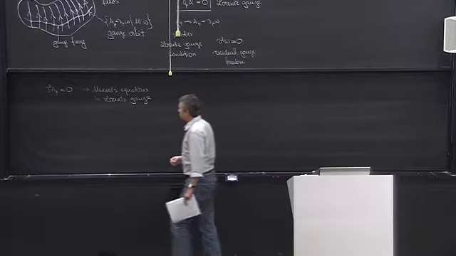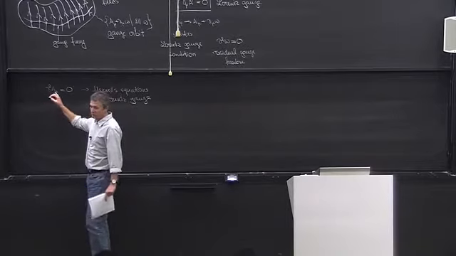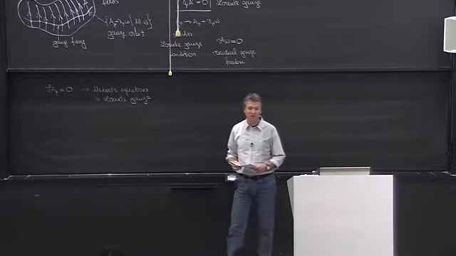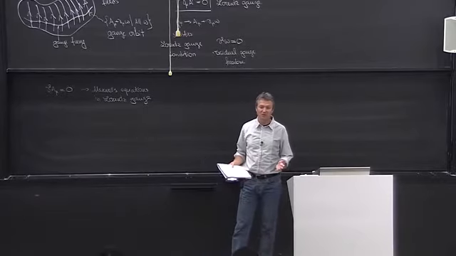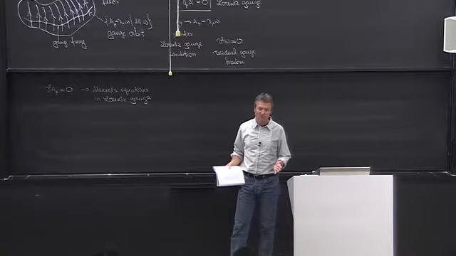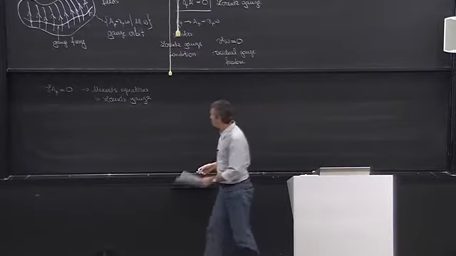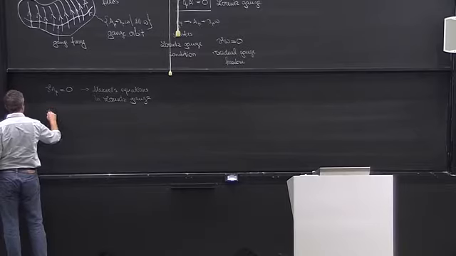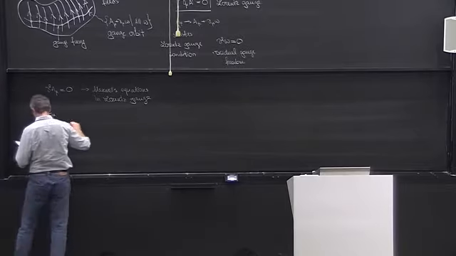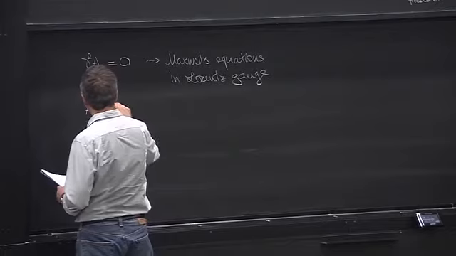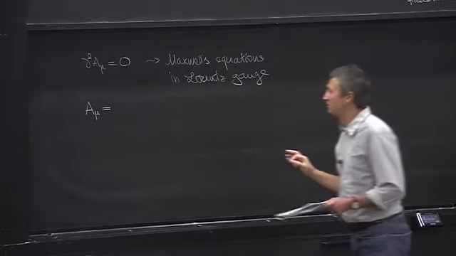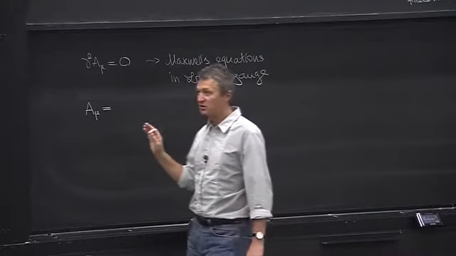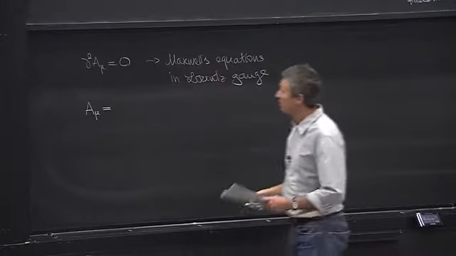So actually, this just looks like a set of 4 Klein-Gordon equations with mass 0, right? And we know how to quantize the Klein-Gordon equation. So we just write the same expression for A. But okay, let's first talk about just classical equations of motion.